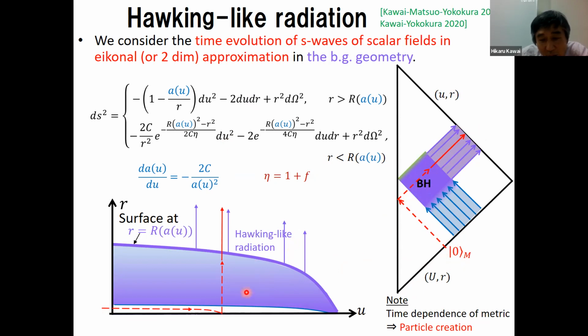As we will see now, the time dependence of the metric creates particles. So this is the point. Although we do not have a horizon, we still have Hawking-like radiation. This is why I said like. It's not the same as Hawking radiation, but eventually we'll see the same strength of the Hawking radiation.